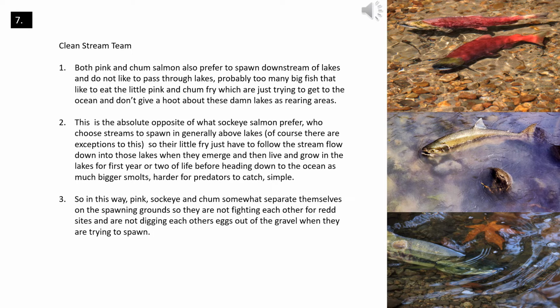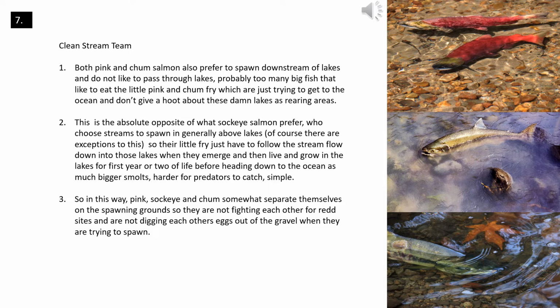It's simple. So in this way, pink, sockeye, and chum somewhat separate themselves on the spawning ground, so they're not fighting each other for redd sites and are not digging each other's eggs out of the gravel when they are trying to spawn. Remember what I said, when they get a productive spawning area, because their population is very much ocean focused, or lake focused in terms of sockeye, they can have very mass spawning events, just a lot of fish in one spot.